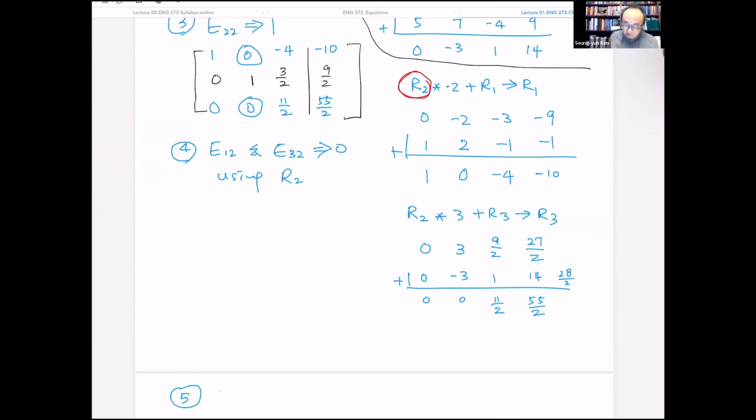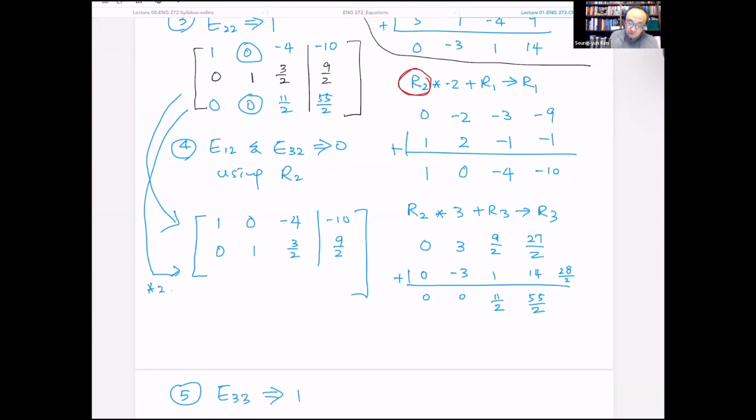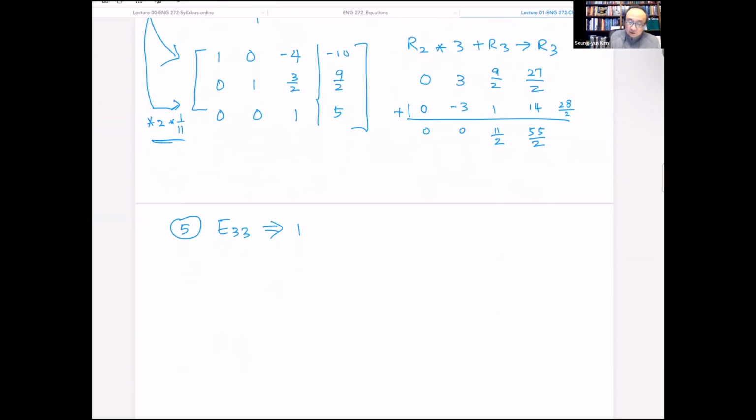Step number 5, E33 now. We want to make it 1. We're going to multiply by 2 and then times 1 over 11: 0, 0, 1, 5. So by doing this, we already have E33 as a 1.